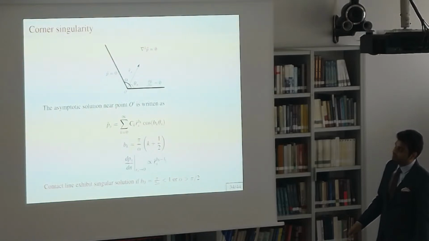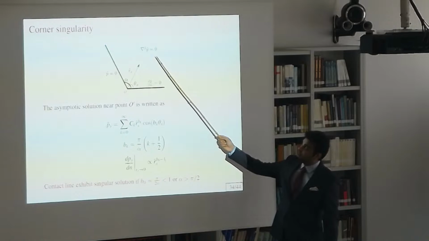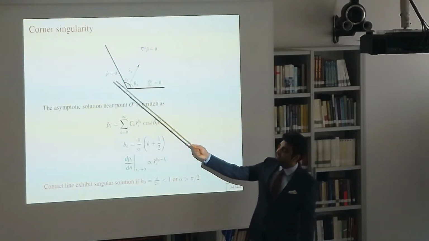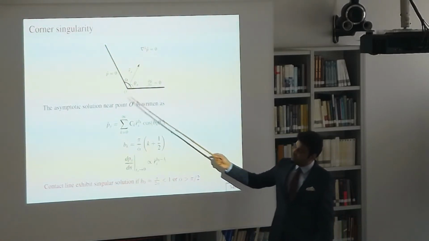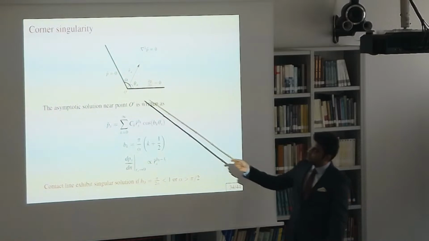It is because of a corner singularity that exists in the solution of the Laplace equation when we have mixed boundary conditions. By mixed, I mean a Dirichlet and Neumann boundary condition, and the point where these two meet can be singular. There are various solutions proposed in literature for this singularity.